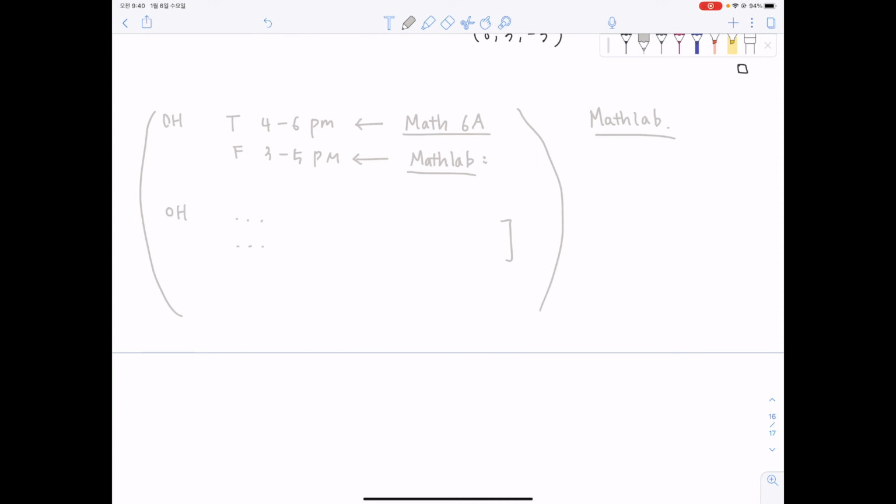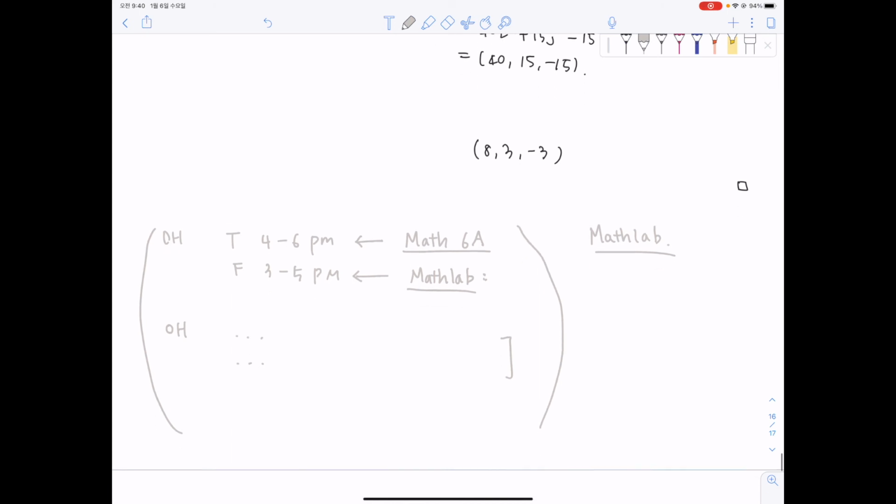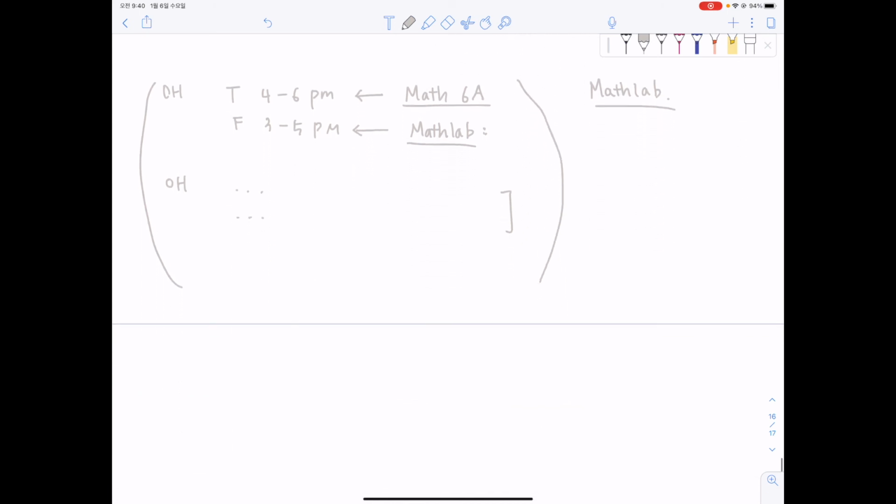So when you solve some questions in homework problems or this problem set in discussion section, then you can also ask any graduate students in the math lab. Math lab is 12 p.m. to 5 p.m. and 6 p.m. to 8 p.m. every weekday.